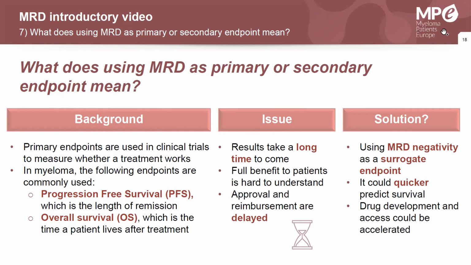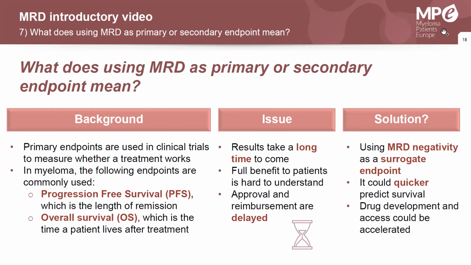There's a lot of interest from researchers and pharmaceutical companies in MRD as a surrogate endpoint. As MRD negativity is associated with lesser risk of disease progression and better survival, this means researchers could more quickly understand the impact treatments have on patients. Regulatory and reimbursement bodies also make decisions using data on survival improvements.